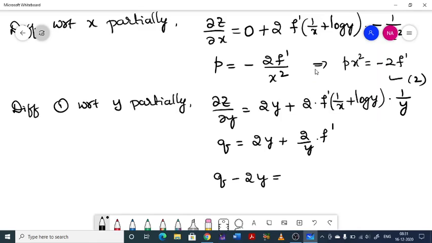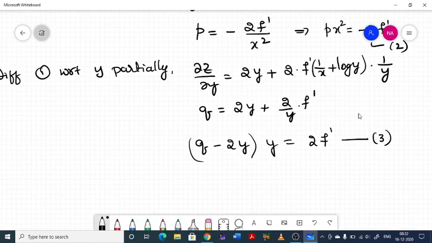I want to eliminate this f dash, so that's what I am trying. Better we do one thing: q minus 2y into y equal to 2f dash. Call this as 3.